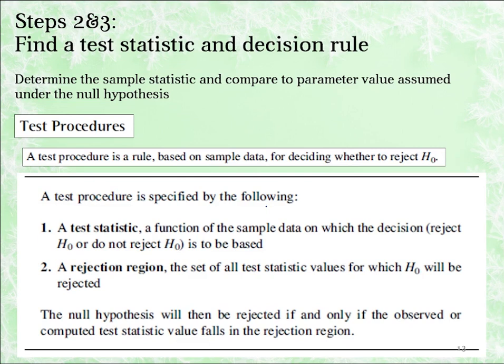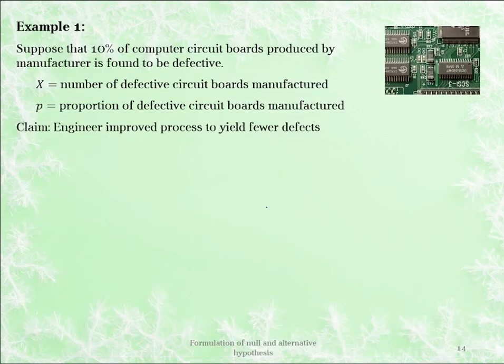We will focus more on the ones given in section 9.2, but you'll get a basic introduction to a test statistic just now. Then a rejection region, which is the set of all the test statistic values for which we will reject the null hypothesis, and we will reject the null hypothesis only if our test statistic falls in the rejection region. So a lot of terminology to get used to, but you'll get the hang of it really quickly.